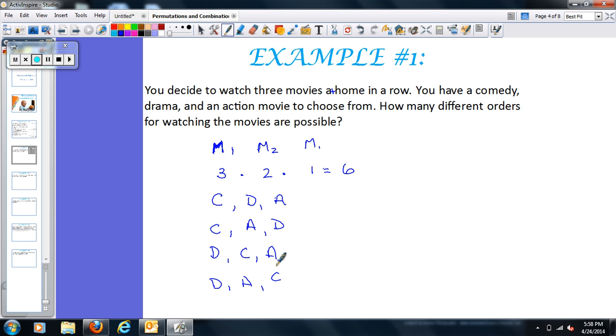So there's 4 of my choices. The last 2 are action, comedy, drama, or action, drama, comedy. There's all 6 of my ways. Doesn't matter how many other ways you look at it, these are the only 6 different ways that you can watch those movies. Okay? So this is an example of the multiplication counting principle.